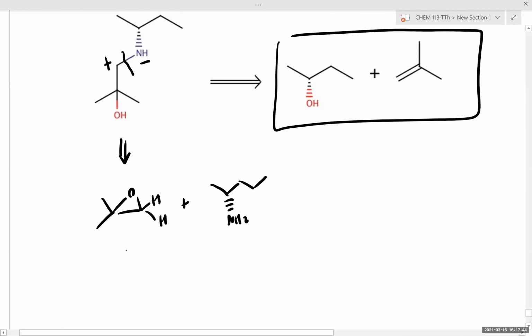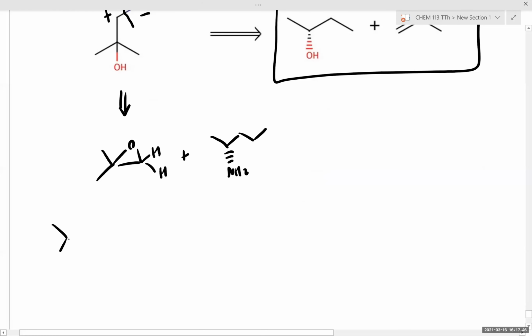Now from here, we can make the epoxide quite easily just via epoxidation of our alkene, right? So that's done. Now to make the amine from this alcohol, this looks like a double inversion process.